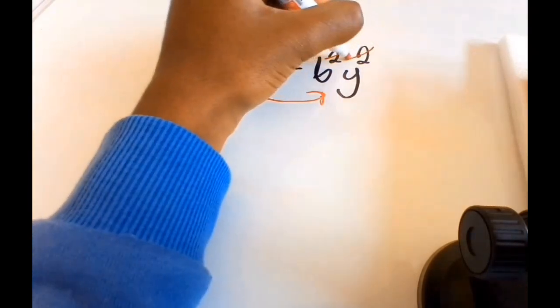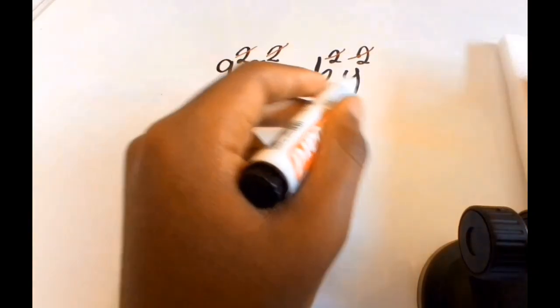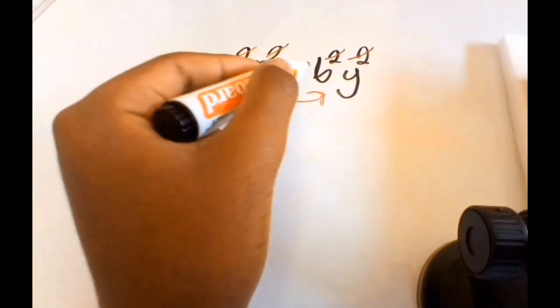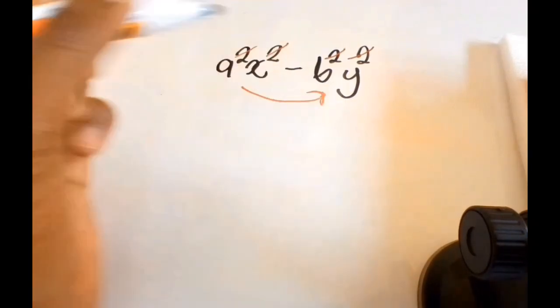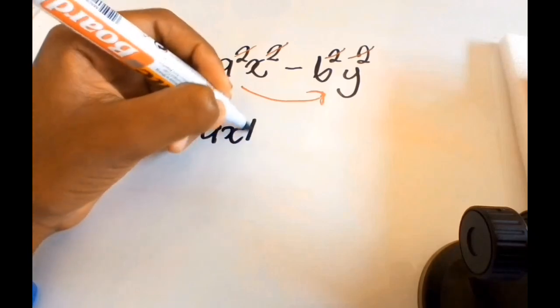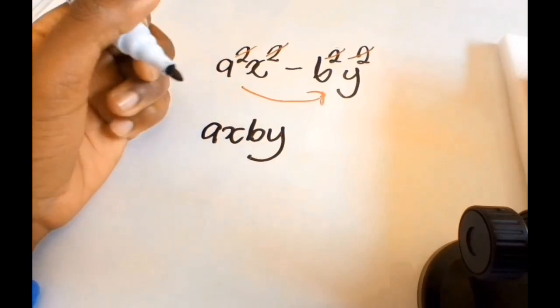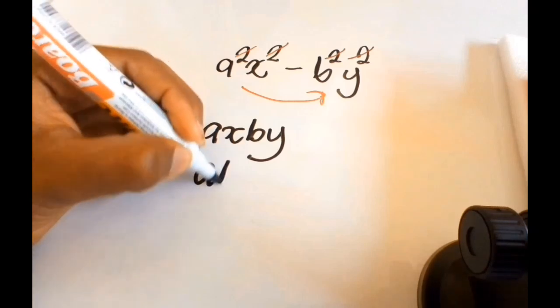We just eliminate those powers and only focus on the variables. So ax times by, let's forget about the negative first, gives us axby. If we put that in alphabetical order, that gives us abxy.